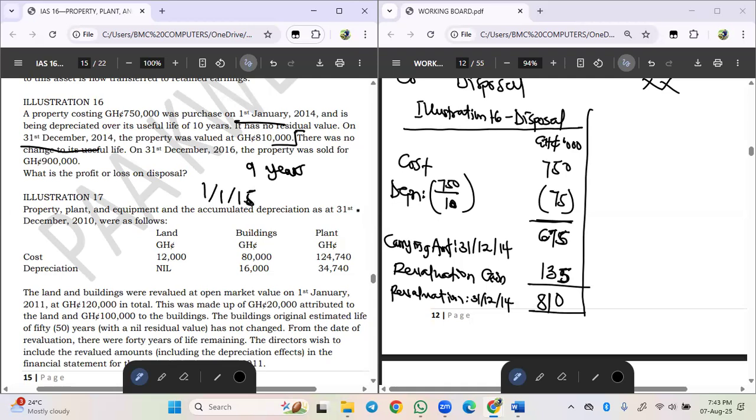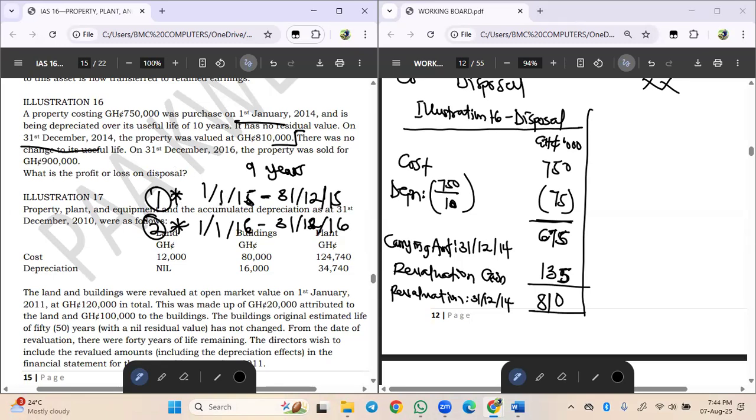As at 1st January 2015, our carrying amount for that particular property will be the 810, that is the revalued amount. So we have to calculate depreciation for the whole of 2015, that is 1st January 2015 to 31st December 2015. That is the first one. And also we have to calculate the second one, from 1st January 2016 to 31st December 2016. So here the accumulated depreciation will be 2 years: 1, 2.